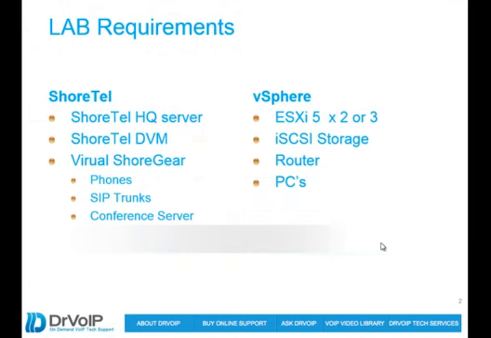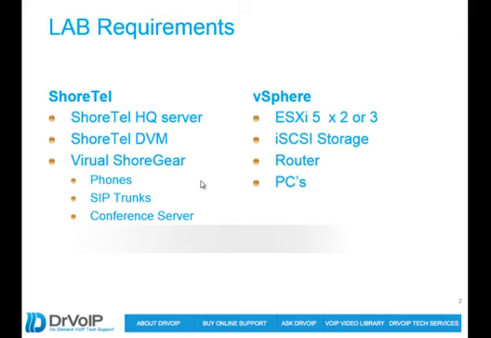So to do this, we need some lab environment. And the lab environment is going to have at least a ShoreTel headquarters server. It's going to have a ShoreTel distributed voicemail server, at least one. Maybe we'll play with 2 or 3 to look at how server failure affects multi-site deployments.